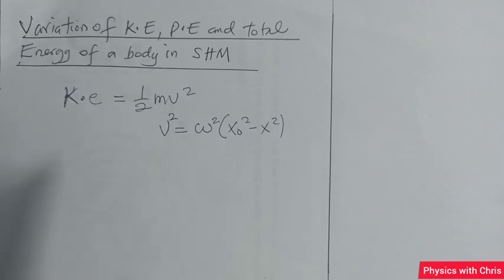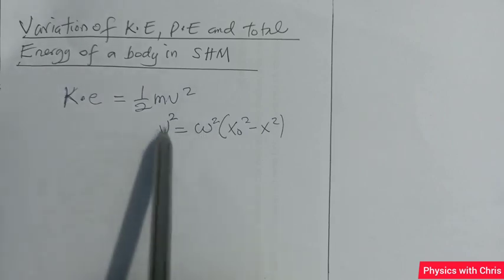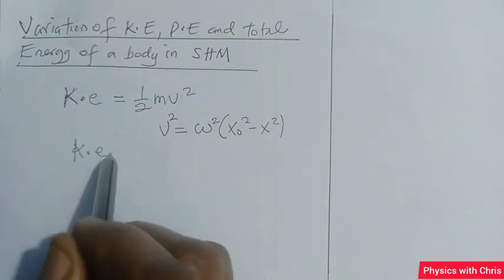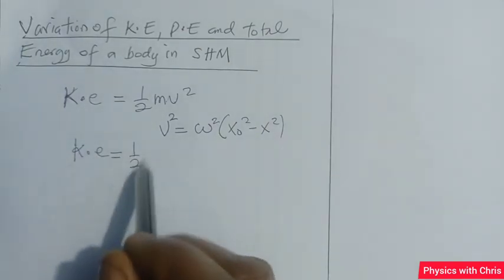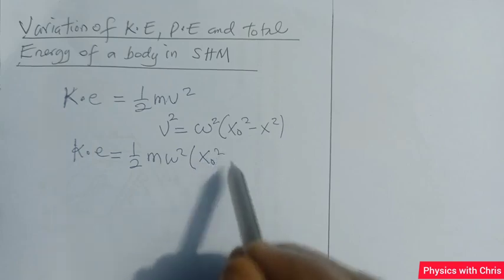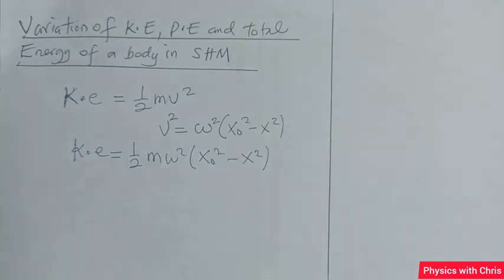So I'm going to substitute this v squared value in the equation for kinetic energy, and it gives me K equals half m omega squared open bracket x naught squared minus x squared. So this is the expression for the kinetic energy of a body in simple harmonic motion.